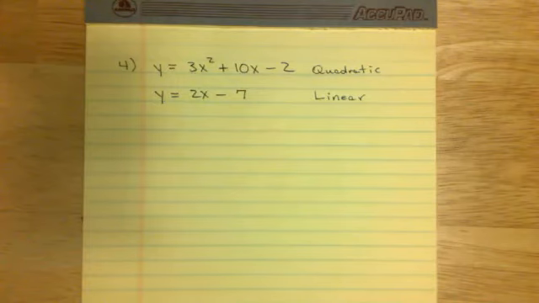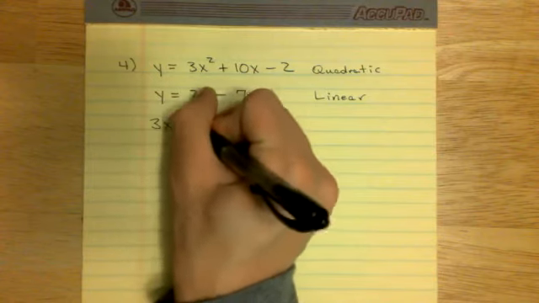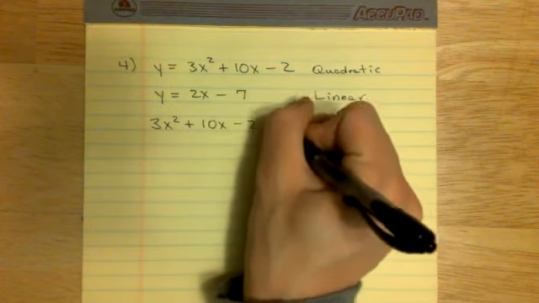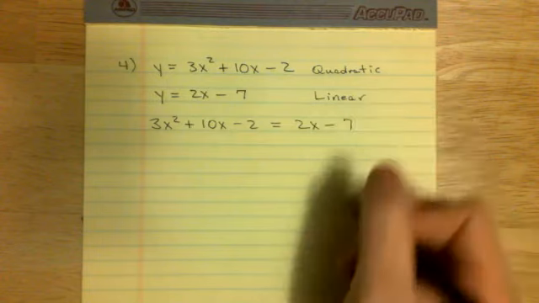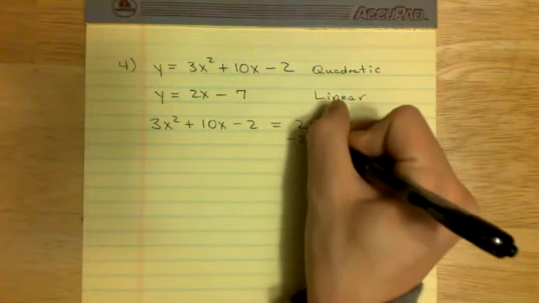So I'm going to take the quadratic part and put it on the left side. And I'm going to take the linear part and put it on the right side. So now I want to get rid of the 2x. I'm going to subtract it from both sides.